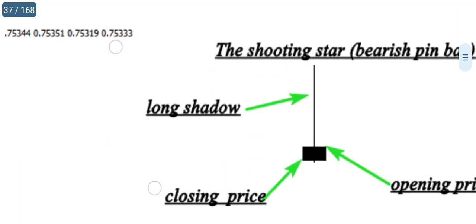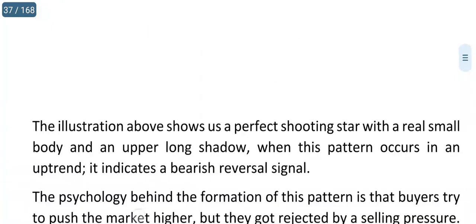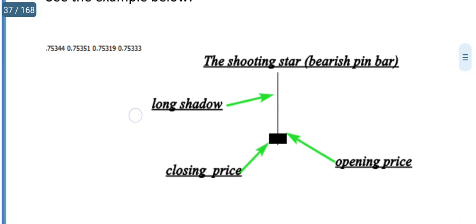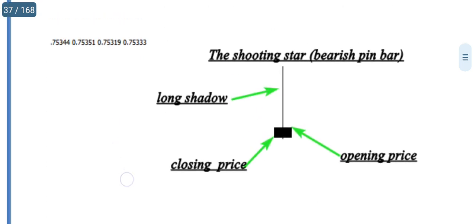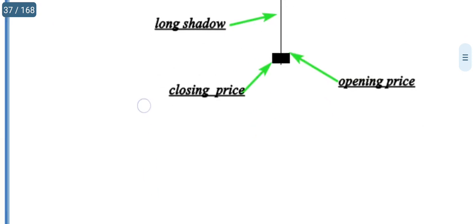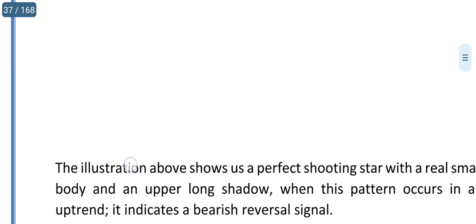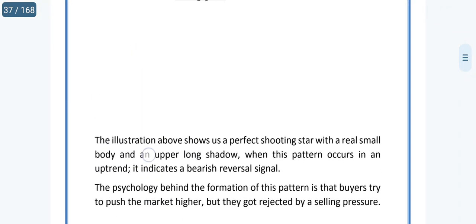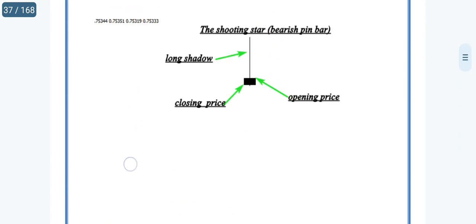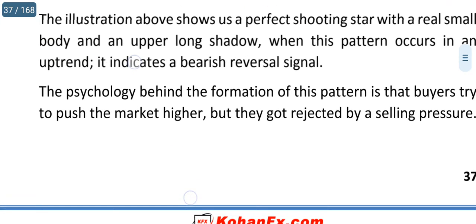By observing this illustration, you can see that it shows us a perfect shooting bar, with a really small body and the long upper shadow.